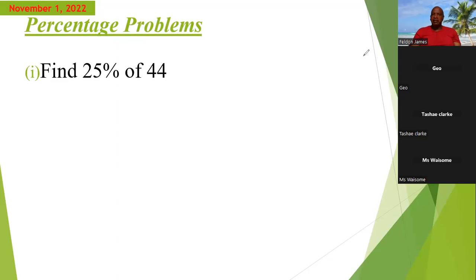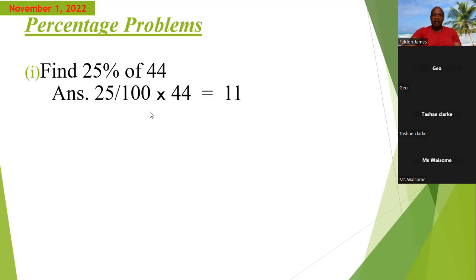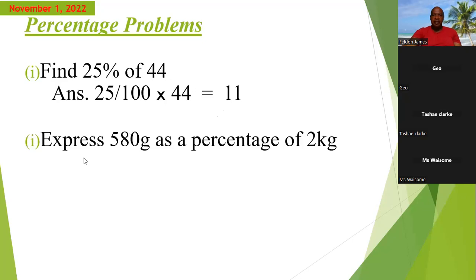A student will be asked, find 25% of 44. They do the calculation correctly, but they still put the percentage sign, which means they have a little misconception of what the answer is supposed to be. So in this case, our answer will be 11.